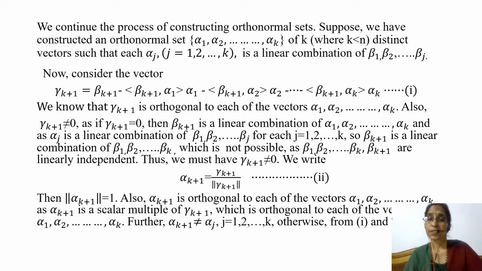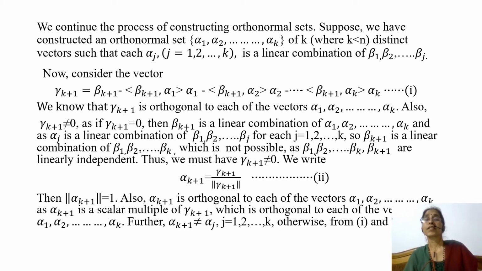Suppose we have constructed an orthonormal set consisting of alpha 1, alpha 2 up to alpha k, meaning after k steps we get k distinct vectors such that alpha j, where j is from 1 to k, is a linear combination of beta 1, beta 2 up to beta j.